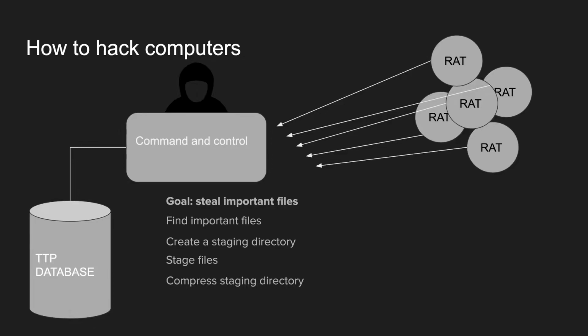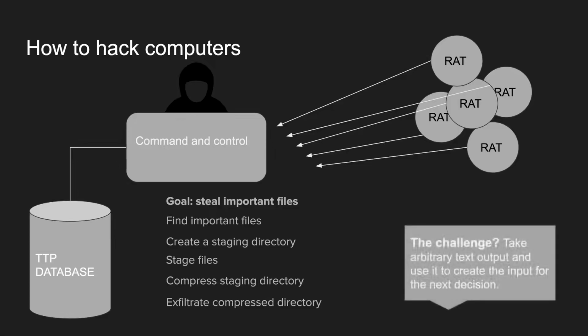I want to do that because I want to make it as small as possible, and instead of exfiltrating dozens or hundreds of files over the system, I want to compress down to a small size and exfiltrate a single compressed directory. And that leads me to my last thing that I need to do, which is to actually exfiltrate the compressed directory. This is how do I get it off of the target network and into my own computer and back into my command and control center.